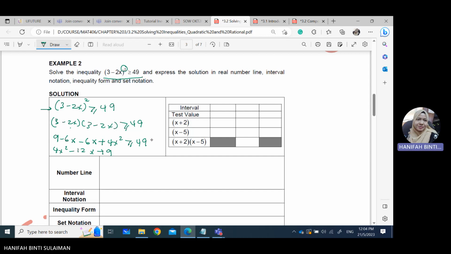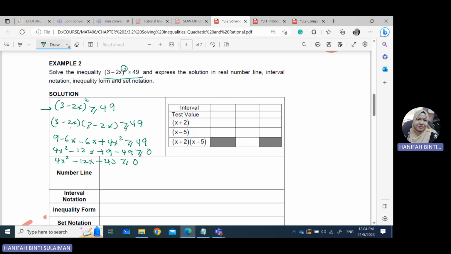Yang ini negative 49 bawa ke sebelah. Negative 49 greater than or equal to 0. Okay. Permudahkan yang ini kita dapat 4x squared minus 12x. So 9 minus 49 we have negative 40 greater than or equal to 0.